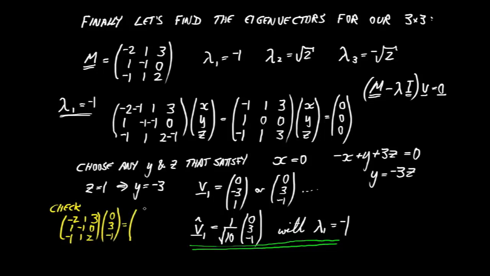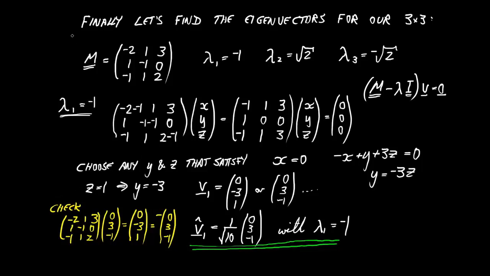So the first element is going to be minus 2 times 0, and then there's a 3, and I see there's a minus 3, so that does give us 0. And our second element, the only non-zero element will be minus 3. And our third element there gives us 1. And we can write that as simply minus 1 onto 0, 3, minus 1. And so indeed, we found that this vector works with the eigenvalue of minus 1.